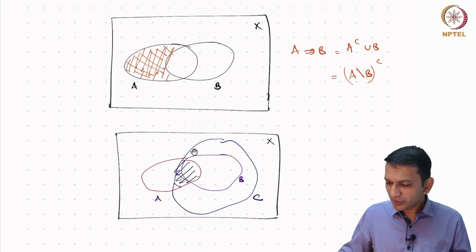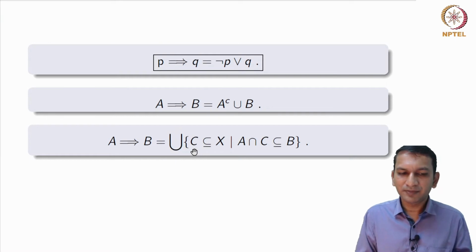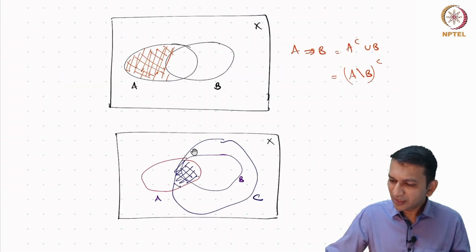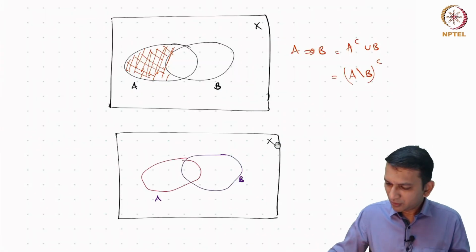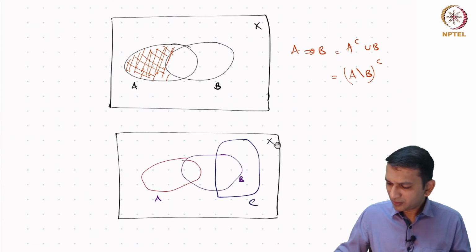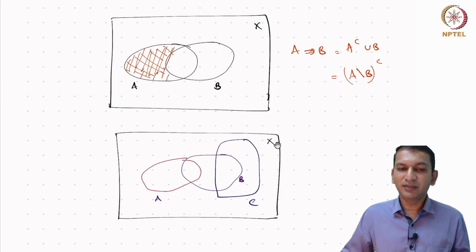But unfortunately, A intersection C is not completely contained in B. So this C is practically useless for us. It will not fall into this set here. What about this C? A intersection C is empty, but the empty set belongs to any other set, a non-empty set. So that means this C also can be considered.